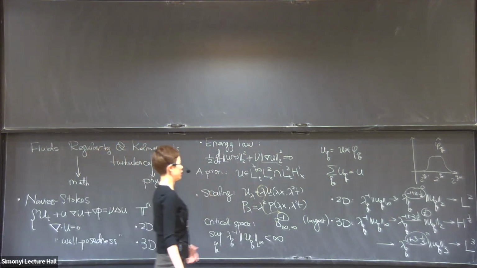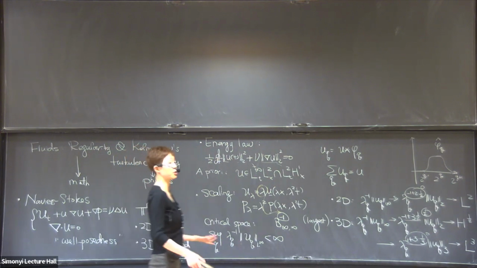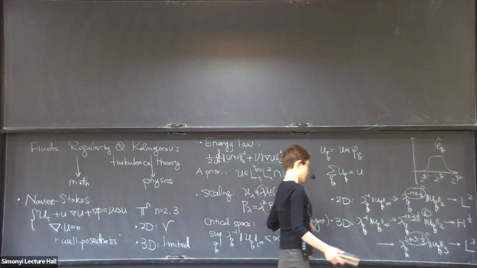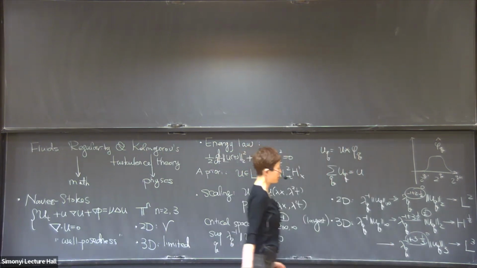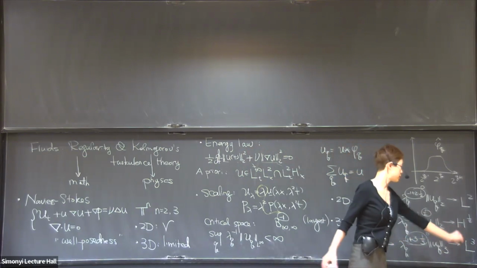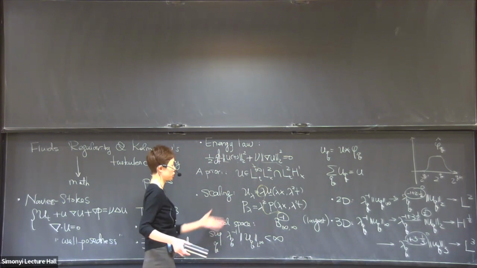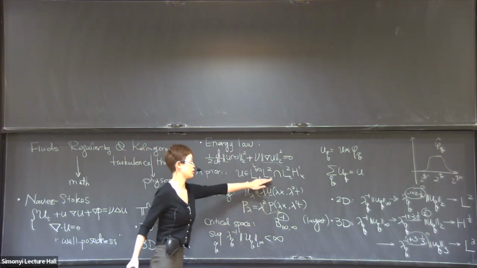So basically, you can get regularity by bootstrapping, because the a priori energy law gives us the critical space here. However, in 3D, the critical space, H1/2, we don't have such an a priori estimate. What we have is L2. So in 3D, L2 is supercritical.